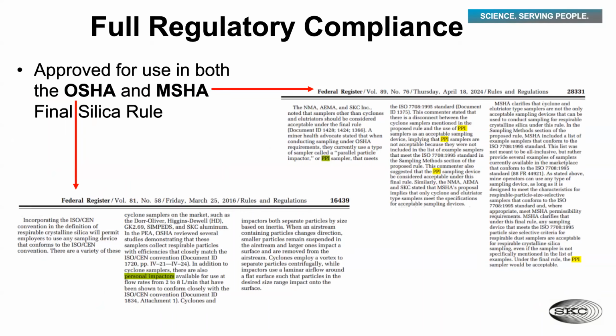I'm not going to read the whole paragraph to you, but you can see everything highlighted in yellow specifically references the PPI. What MSHA says in a nutshell is, as long as the sampler, whether it's a PPI, a cyclone, whatever that might be, follows the ISO convention, you can use it for a regulatory sample. And the same thing goes with OSHA as well.